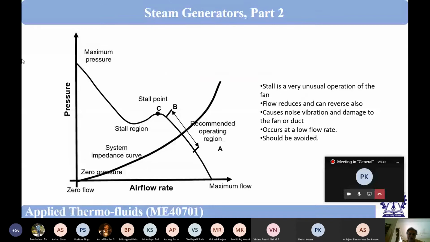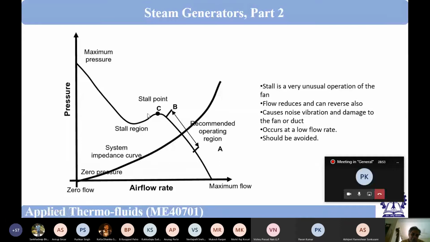So this is the characteristic of an axial flow fan, for a particular RPM and for a particular pitch angle setting.